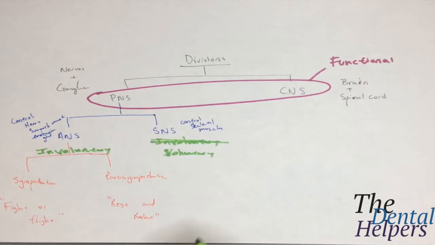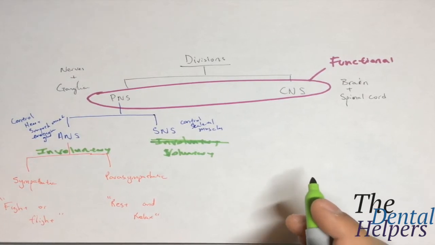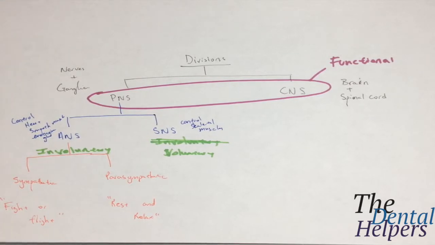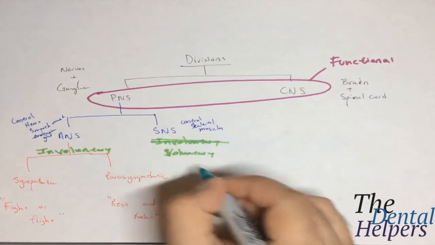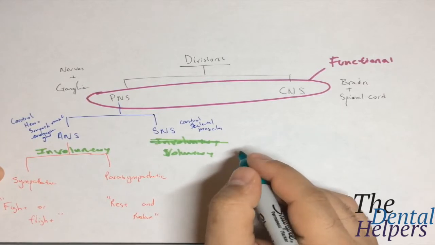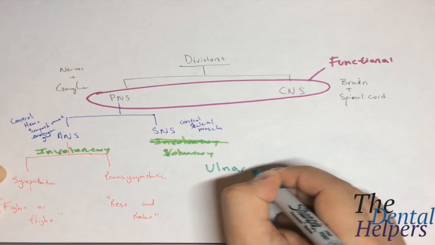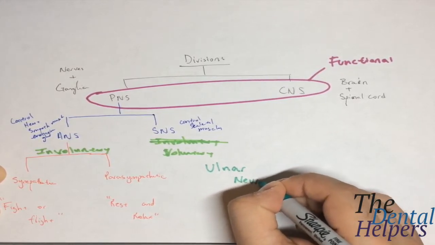And if we're looking at the somatic nervous system and we were to think of something that could potentially happen, let's give the example of a neuropathy. So a neuropathy is any time that you have a disease involving degeneration of peripheral nerves. So an example of a neuropathy is something called Ulnar Neuropathy.